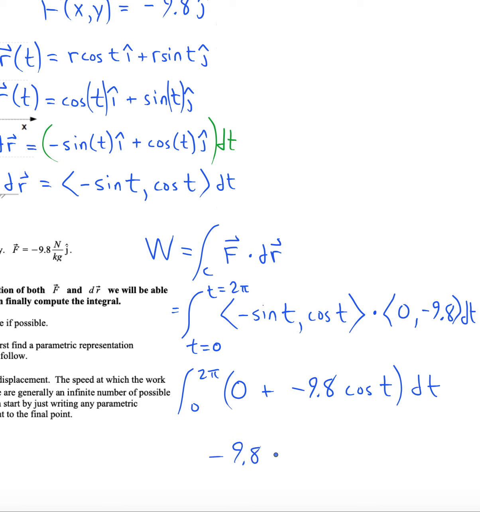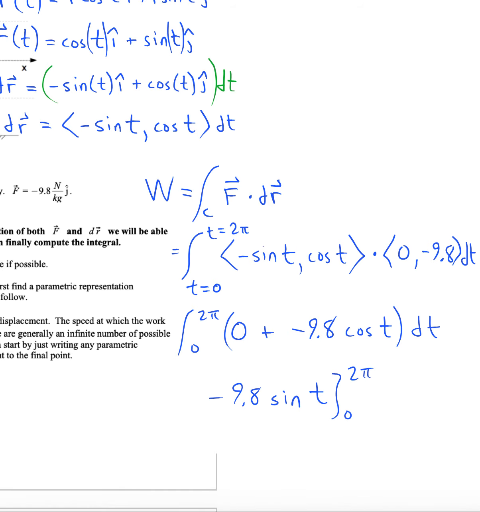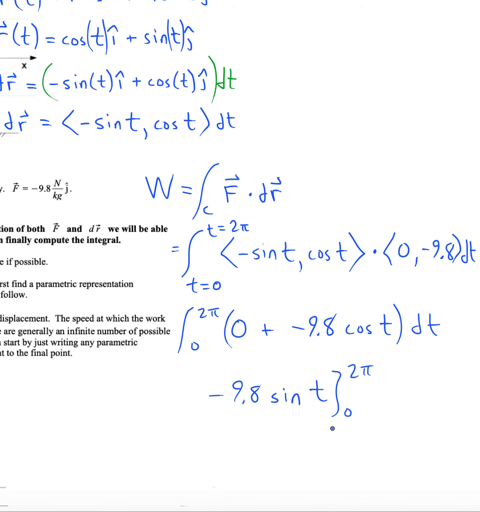Negative 9.8 sine t from 0 to 2 pi. So this gives us negative 9.8 sine of 2 pi minus negative 9.8 sine of 0. Both of these are 0. So our final result is 0.